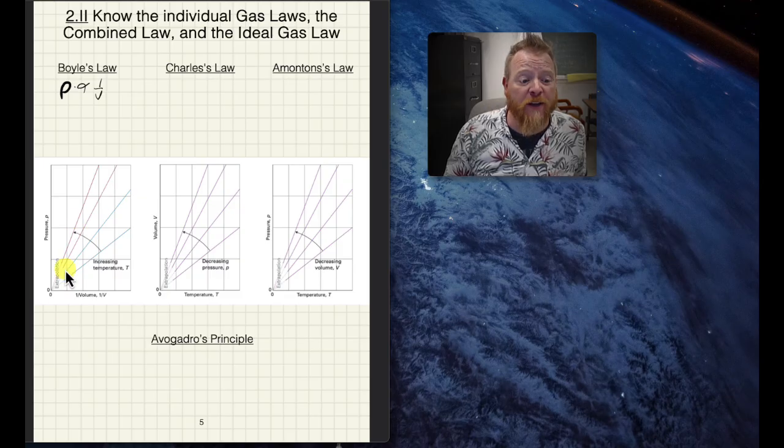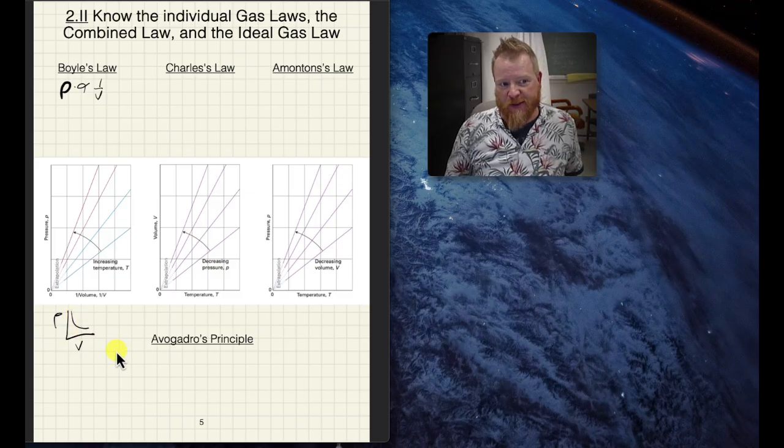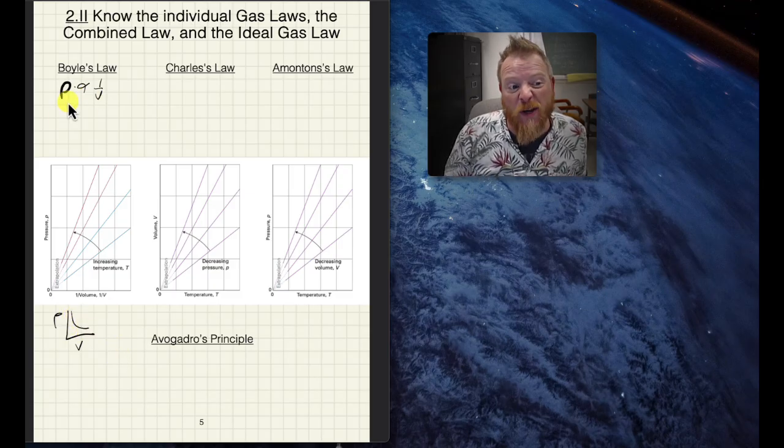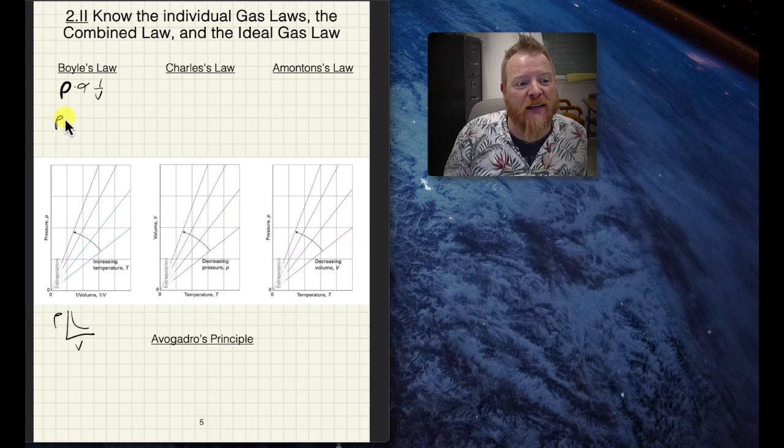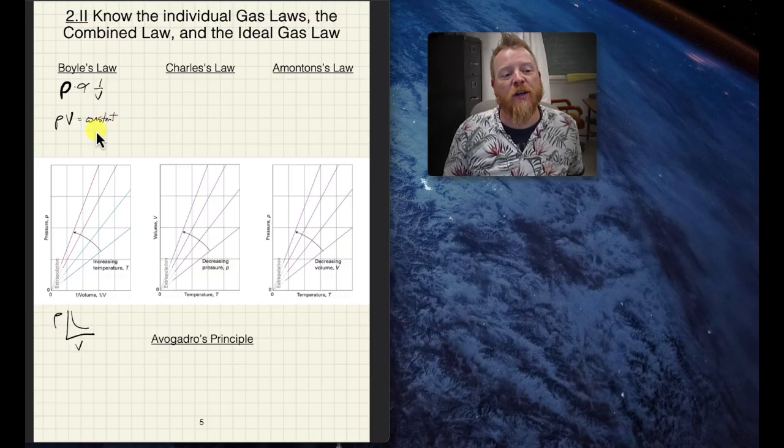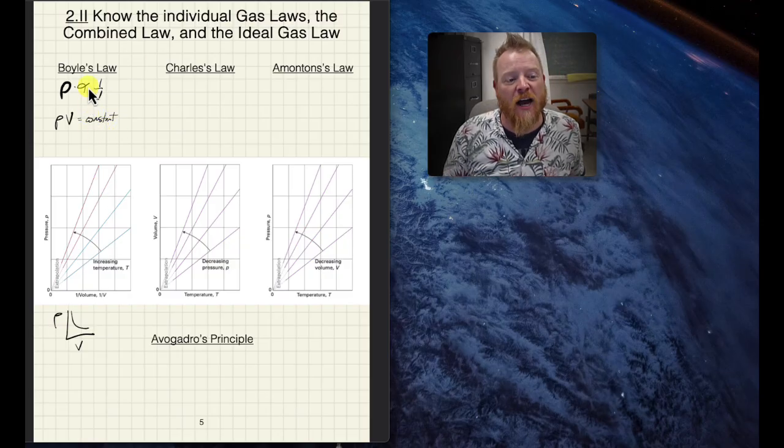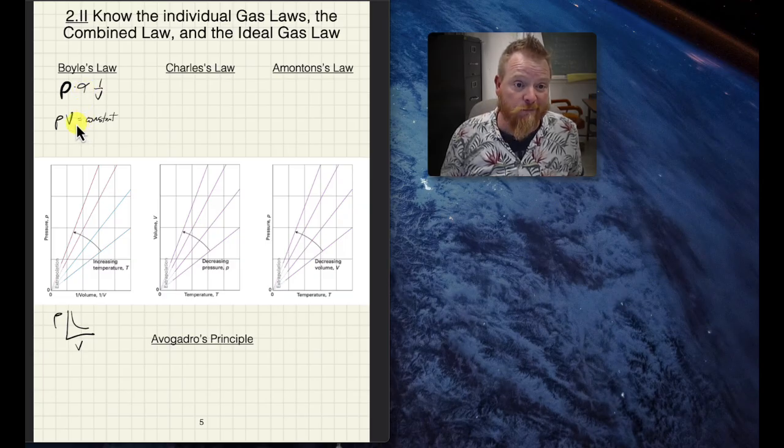Another way that we could look at this is if we just plotted regular old P versus regular old V, we would see that inverse relationship right there. Okay. Another way that we could write this is by saying P times V equals a constant. And once we know what that constant is, we can replace that proportionality sign with an equal sign.